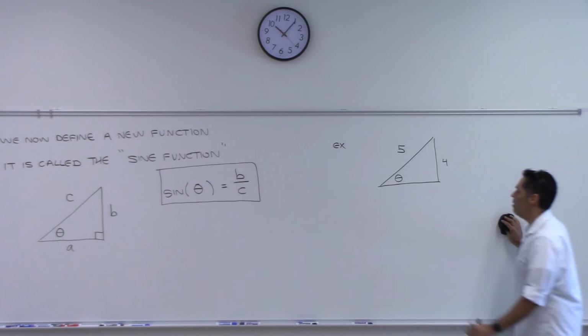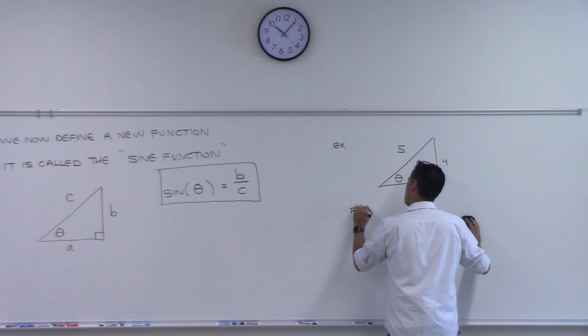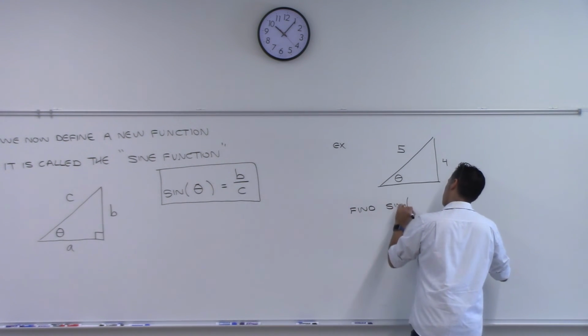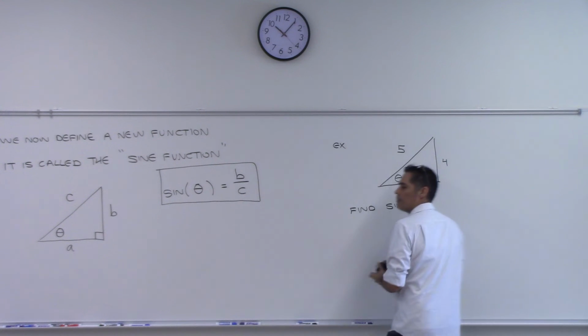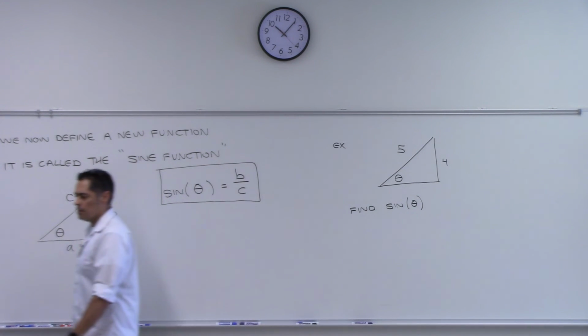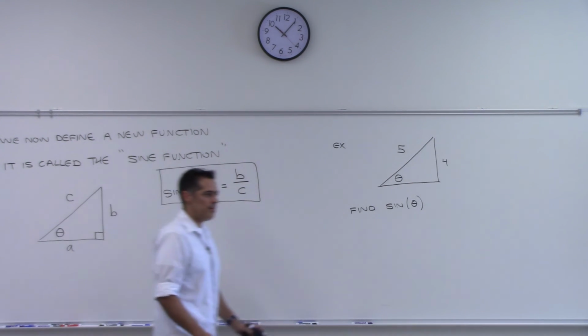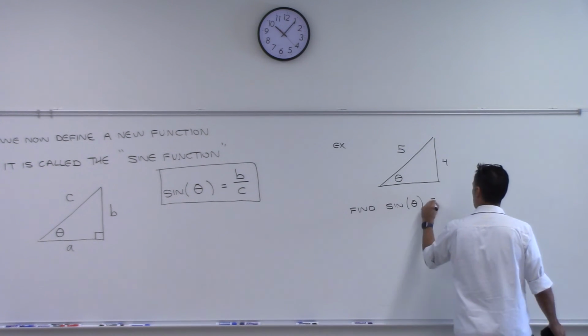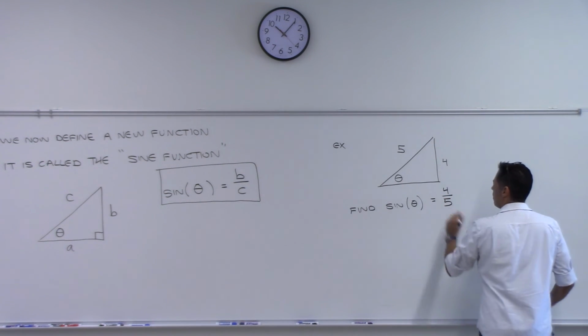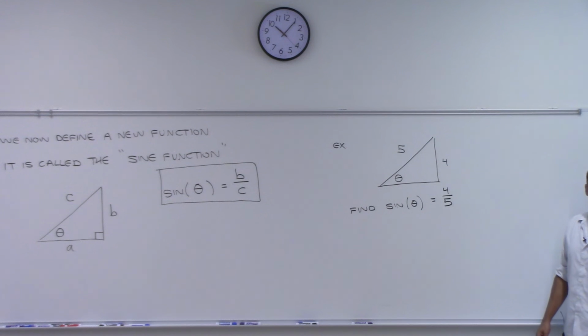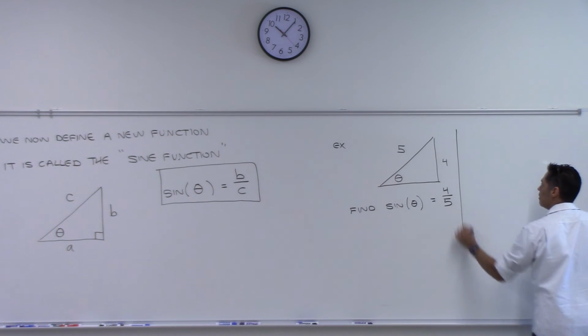And I ask you now to find sine of theta. What's your answer? 4 over 5. 4 divided by 5. That's your answer. Okay? That's it. We're done. You want to do another one?